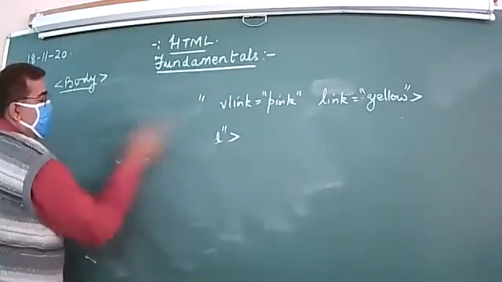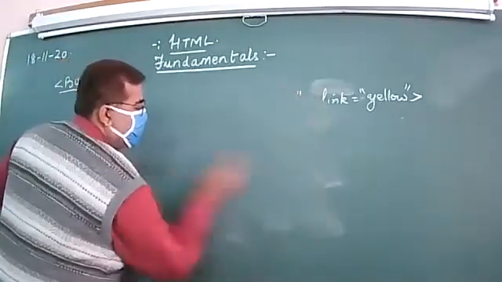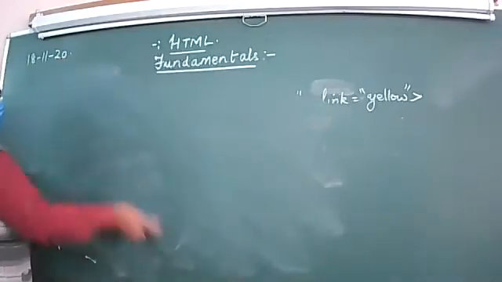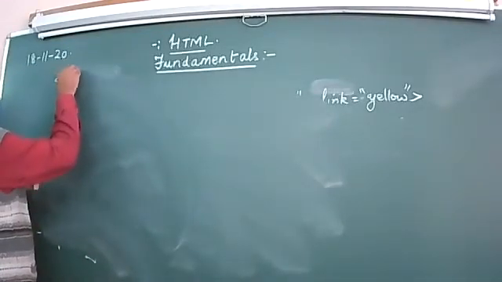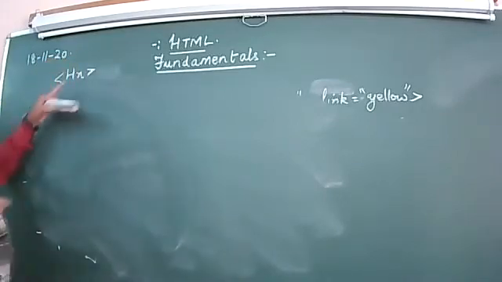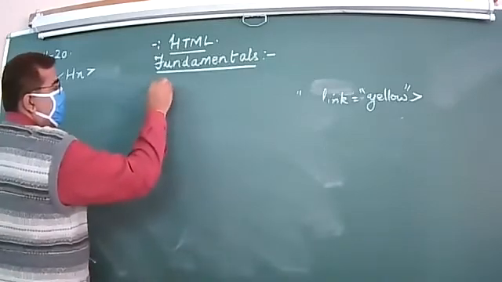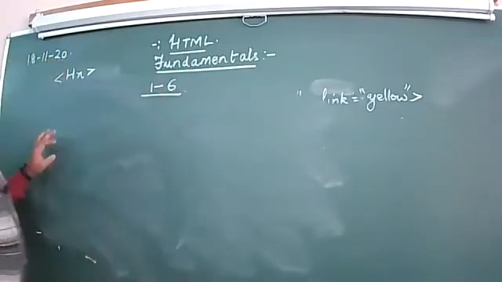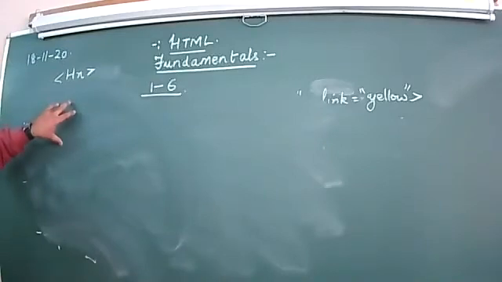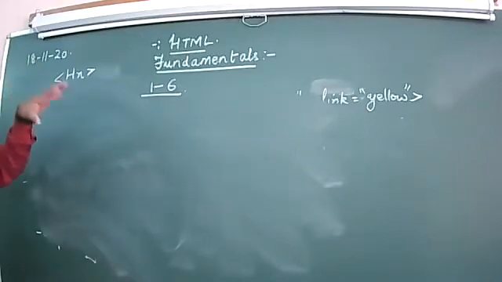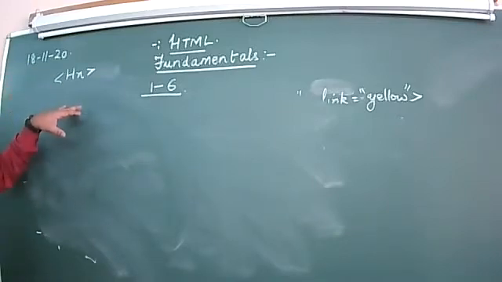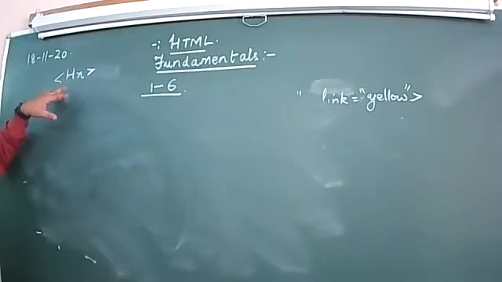Your next tag is your heading elements tag. This n specifies any number from 1 to 6. Generally, when you want to give prominent headings, you want to display headings in a bigger size, or you want to emphasize the heading part, the headings that you take at the beginning of the chapter, we prefer the heading elements tag.